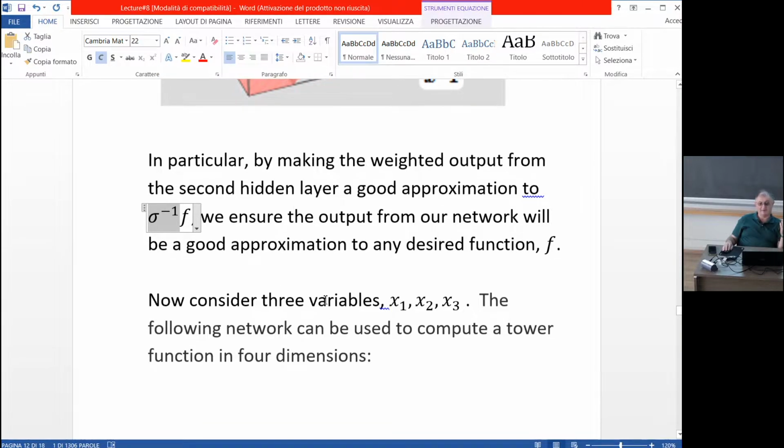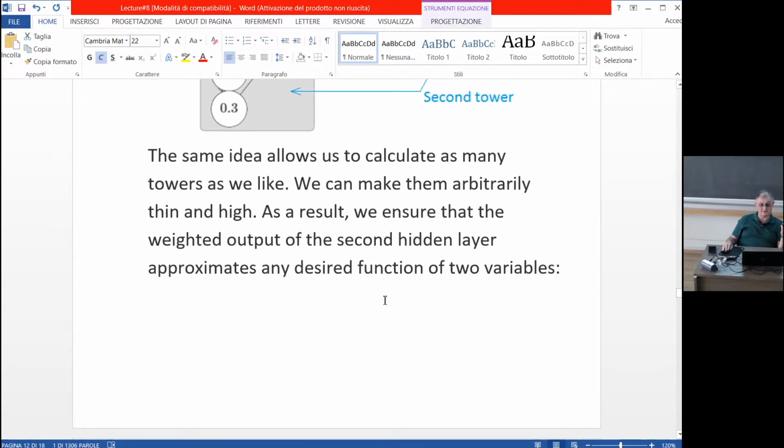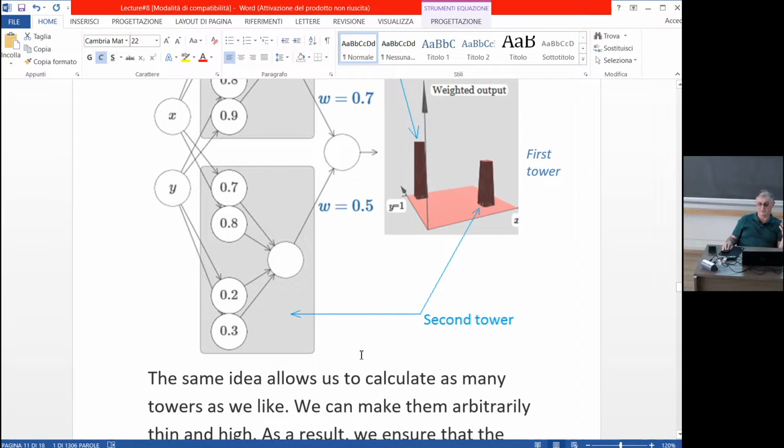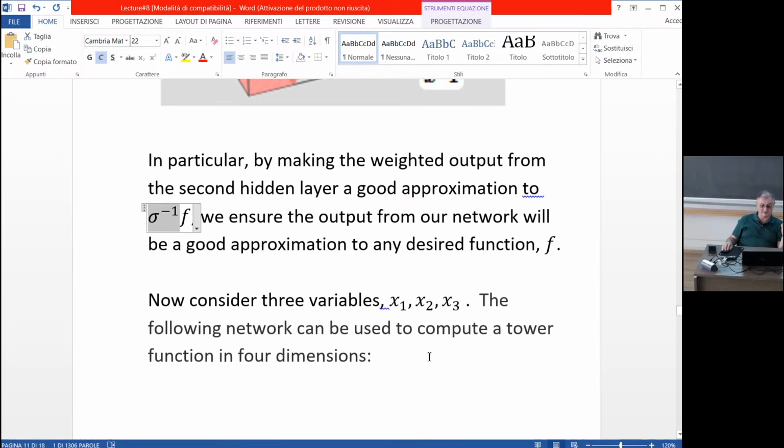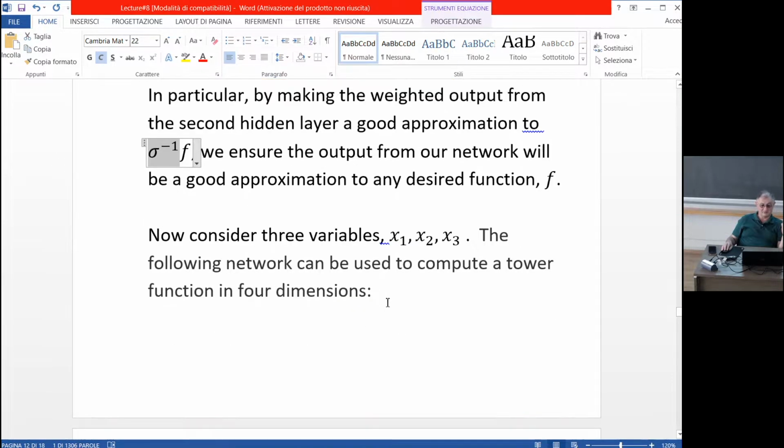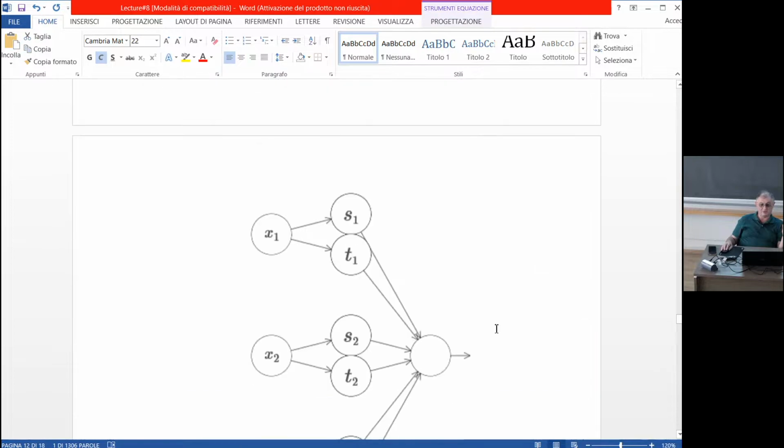Now consider three variables, x1, x2, and x3. We add some three variables. The following network can be used to compute the tower function in 4 dimensions.